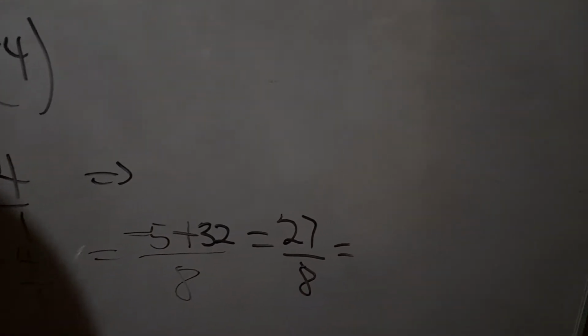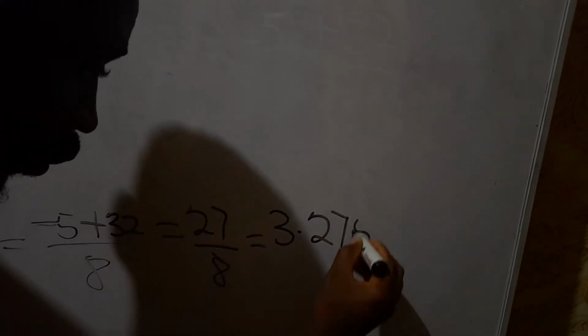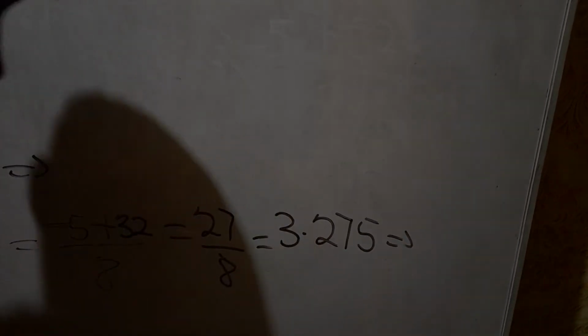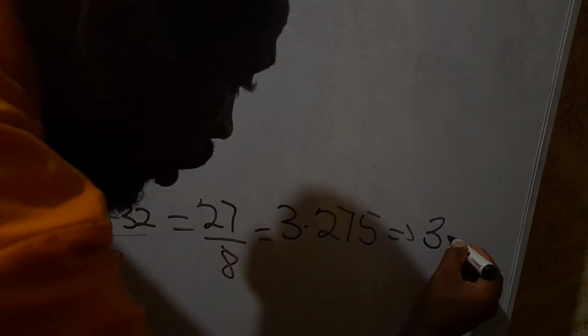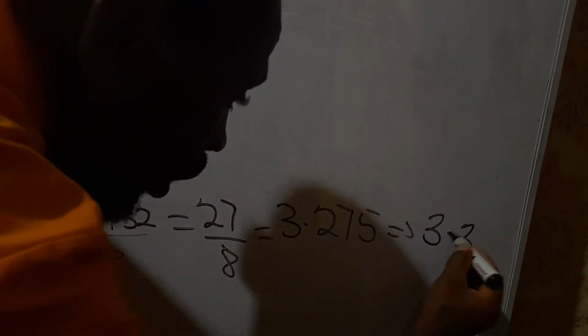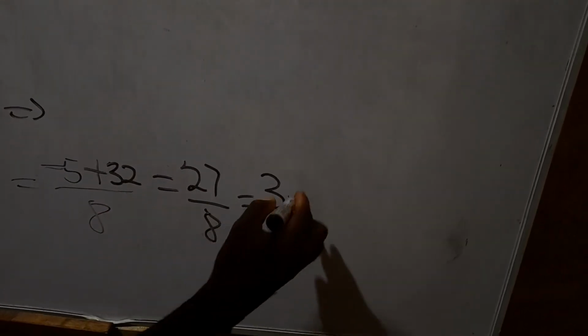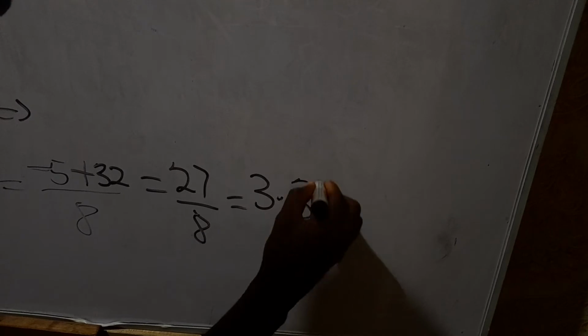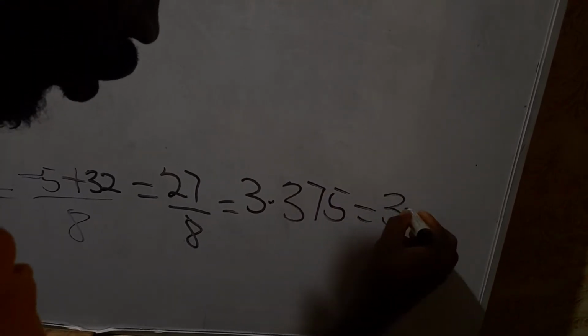When we change this to decimal, we get 3.275. So when we correct this to one decimal place, we get 3.3. 27 divided by 8 is 3.375, and now to one decimal place is 3.4.